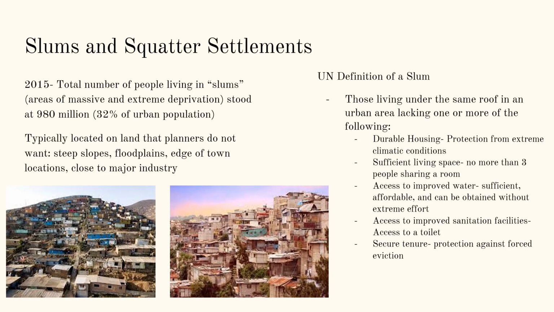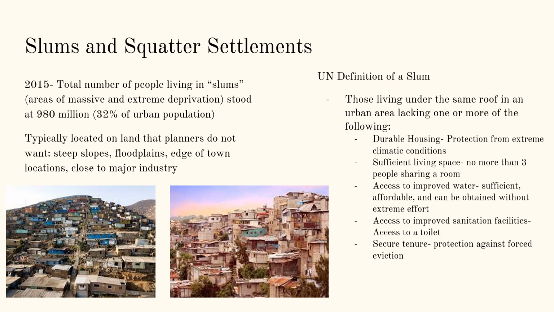With all of this deprivation, we talked about this term before, but the rise of slums and squatter settlements is something that's going to be important, especially in these megacities that are rapidly growing. We talked about Lagos, Nigeria last unit. Because there's not enough houses being built for the number of people who are coming into the city, or they're not being built fast enough, or there may not be enough jobs, you're going to see these informal settlements start to pop up.